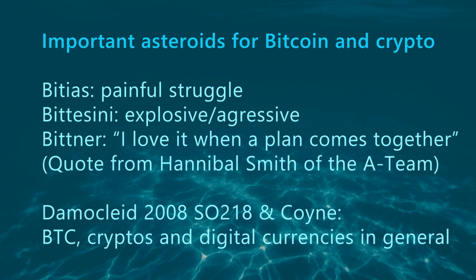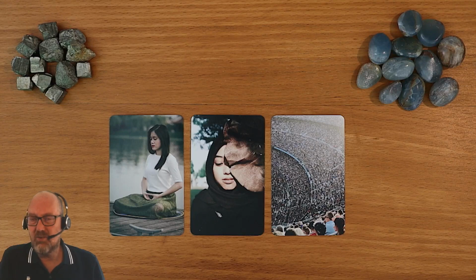So there are two more important asteroids for Bitcoin. One is Damocleid, a very distant object discovered in 2008, with the number SO218. This Damocleid is very generally related to digital currencies, to anything that has to do with the digitization of money.